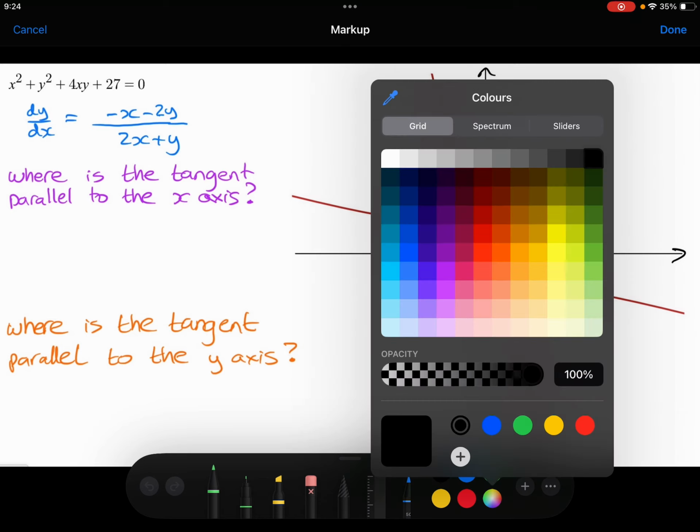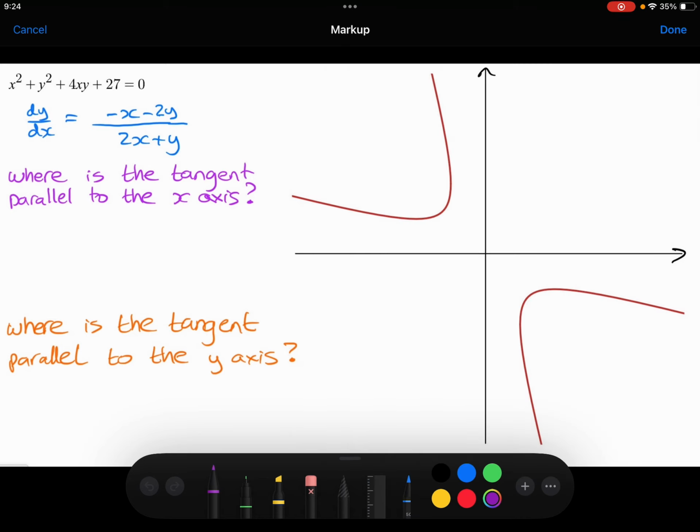So I could be asked, where is the tangent parallel to the x-axis? So the tangent, the straight line touching the curve being parallel to the x-axis might be there or there. So I could be asked to work out these points here. Now, the gradient of these lines is 0.